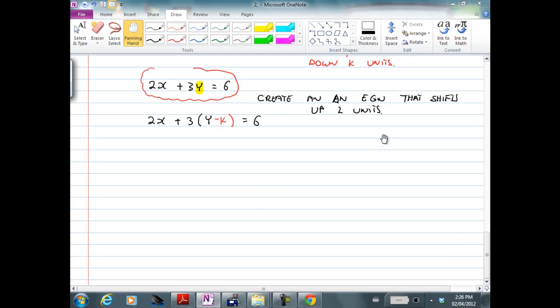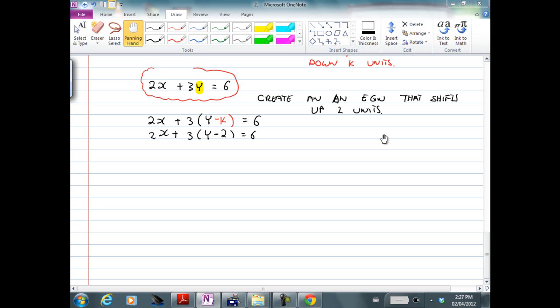If I want this to shift up 2 units, we're going to replace slowly. 2x plus 3 y minus, or is it a plus? Minus 2. Now the reason why it's minus 2 is because look, y is not by itself. If I ever get y by itself, that minus 2 actually becomes plus 2. See, this is called theory.